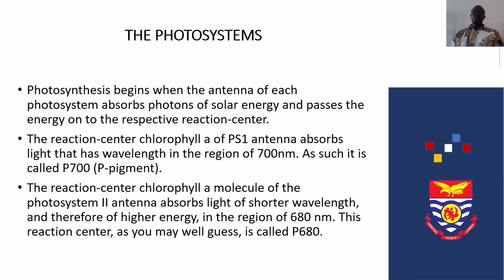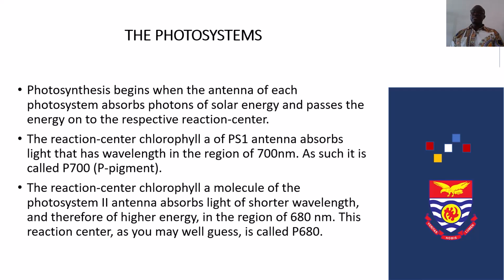Photosynthesis begins when the antenna of each photosystem absorbs photons of solar energy and passes the energy on to the respective reaction center. The reaction center chlorophyll a of the photosystem 1 antenna absorbs light that has wavelength in the region of 700 nanometers.